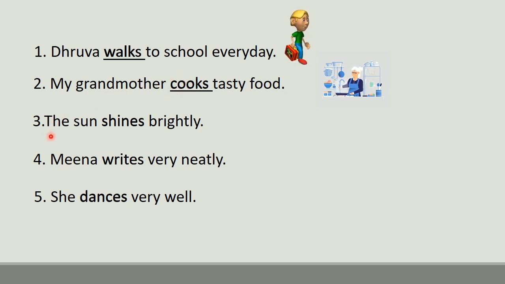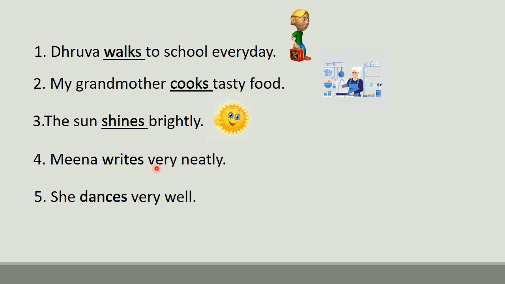Let's look at the next sentence. The sun shines brightly. Which is the noun here? Sun. What is the sun doing? Shines. So shines becomes the verb or the action word. And there you see the sun shining.